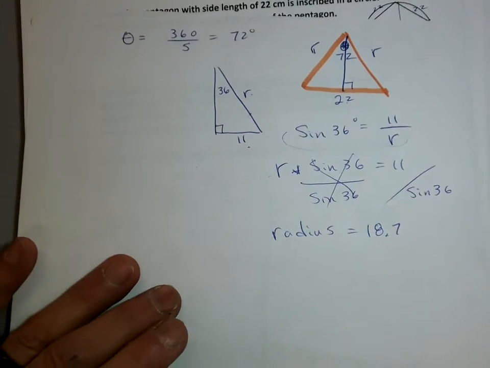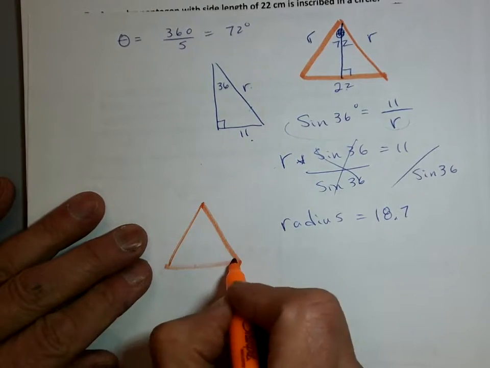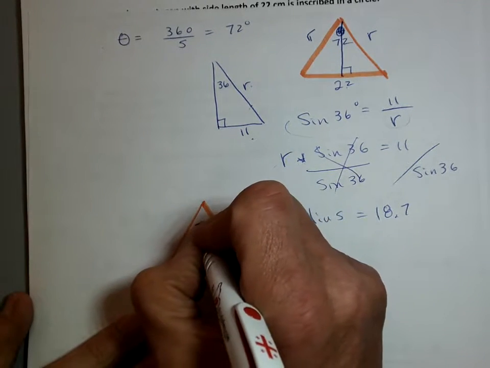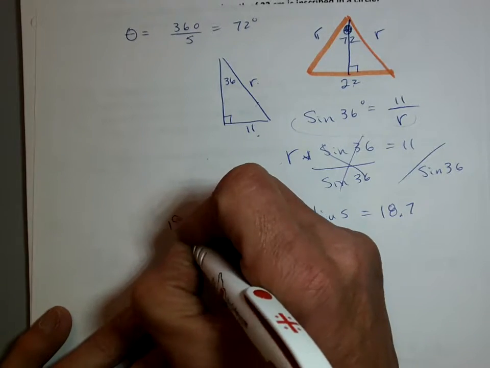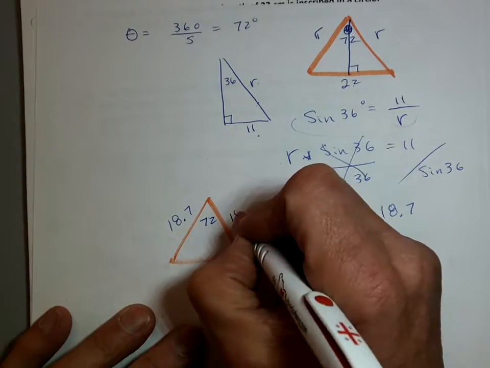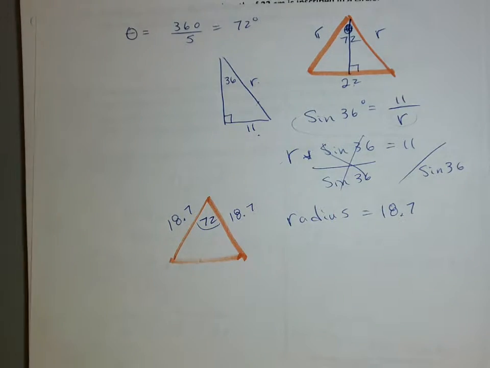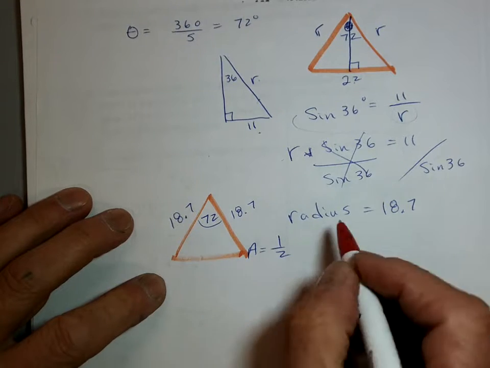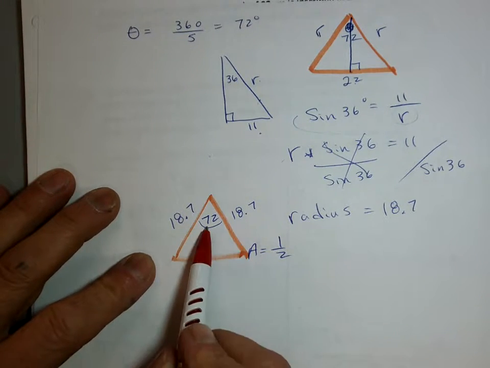Okay, let me go back to my picture. So my picture looks like this. My original picture of my orange triangle. Okay? I know this angle is 72 degrees. I know this is 18.7 and this is 18.7. Okay, I can find the area of this triangle. The area of this is going to be 1/2 adjacent times the sine of the angle.